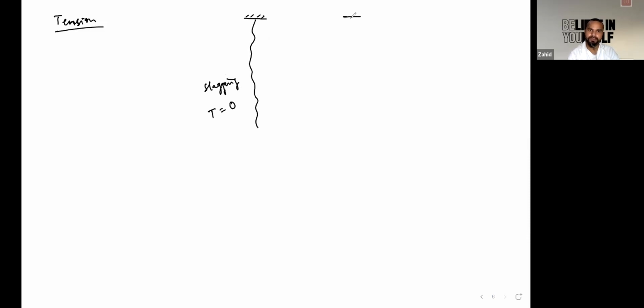But now, if you attach any block to this particular string, it will become straightened like this. Initially it was slagging, but now it has become straightened.